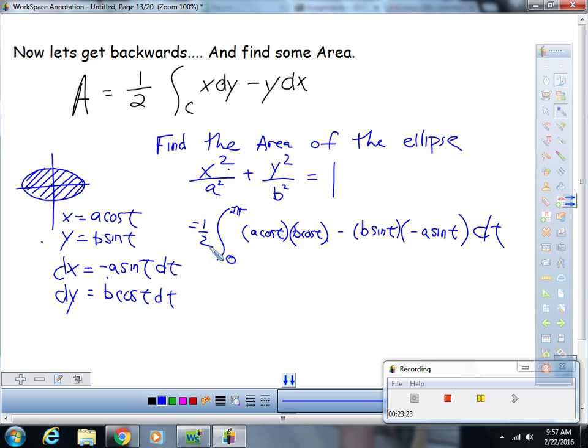Okay? And are you seeing how pretty this works out? It's the integral from 0 to 2 pi of a b times, can I just write a 1 there? Sine squared plus cosine squared dt.